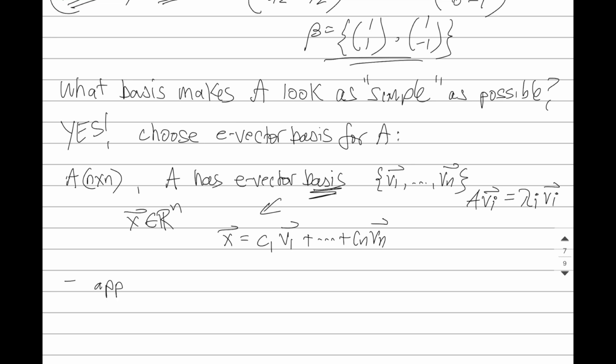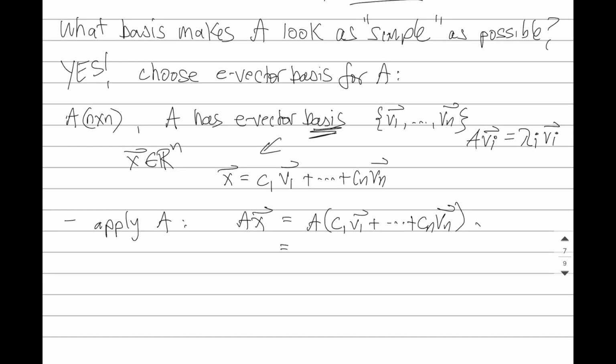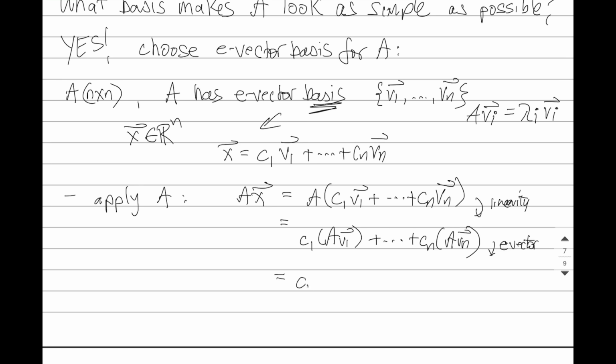So we are going to apply A to this representation. We are going to take this basis representation and write it like this. We're going to apply linearity of matrix vector multiplication, and this is going to allow us to write the following: C1 AV1 all the way down to Cn times AVn. And the whole point of doing this is that we now get to apply the eigenvector definition. We'll get C1 lambda 1 V1 all the way down to Cn lambda n Vn.